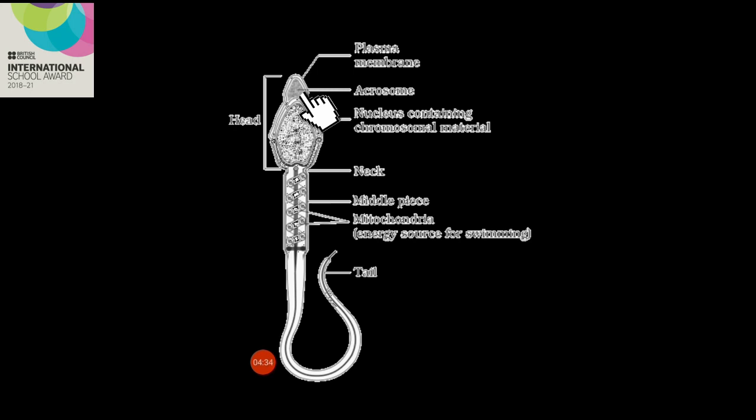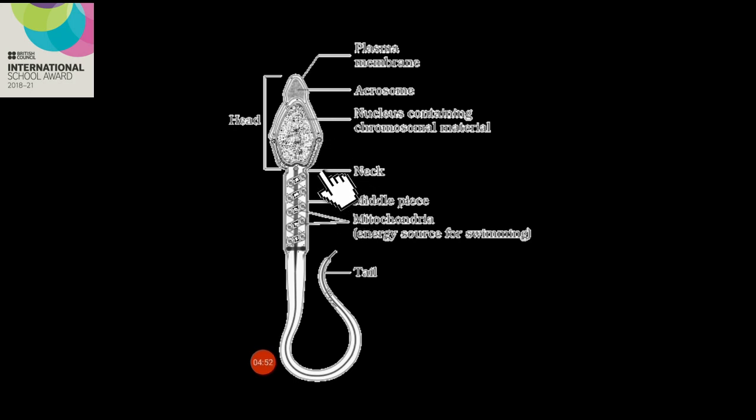And here acrosome occupies a space which can be seen in between the plasma membrane and the inner nuclear membrane. That is, here we can see the acrosome. This is the plasma membrane and this is the nuclear membrane.